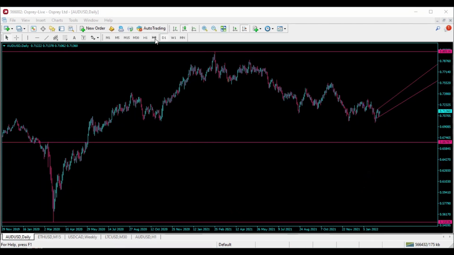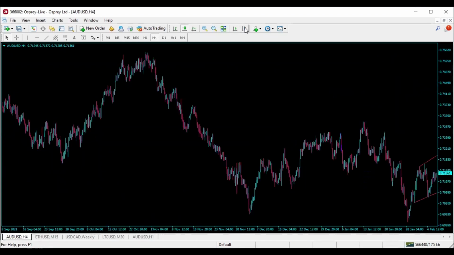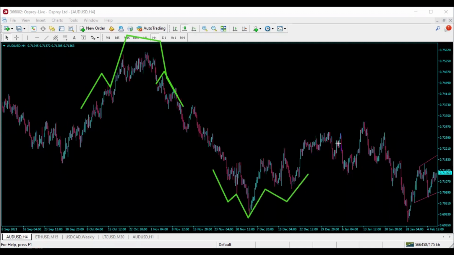If I come down to the 8-4 without really having to say much, you've got one here. Ooh, I drew that one off. You've got another inverted one here. Head and shoulders pattern is an amazing reversal pattern. You will see it over and over and over again.